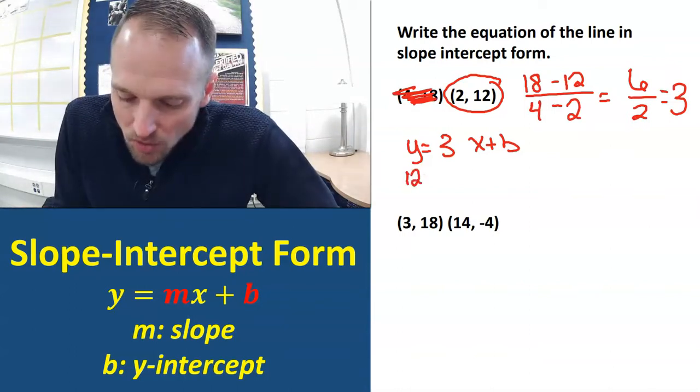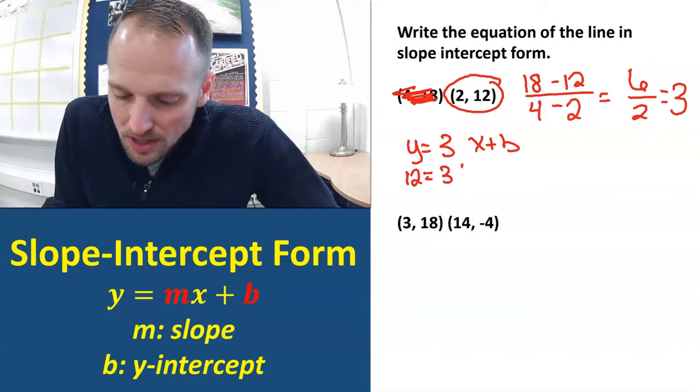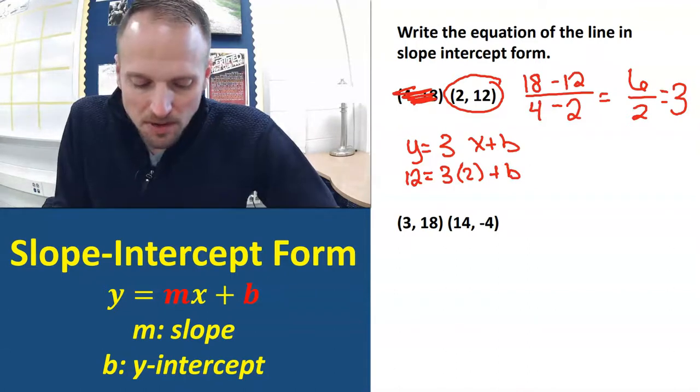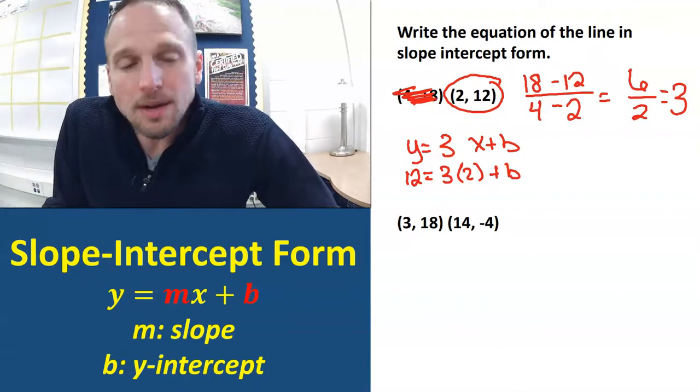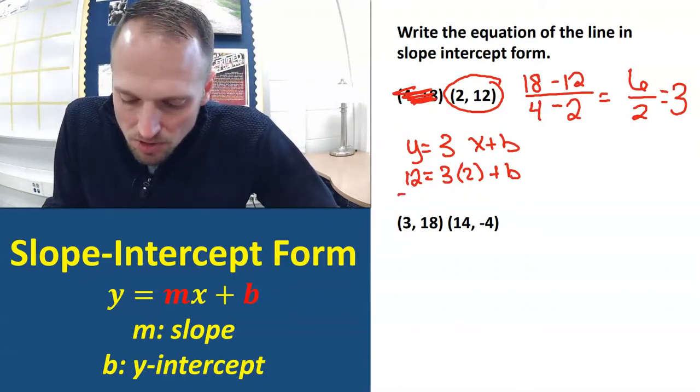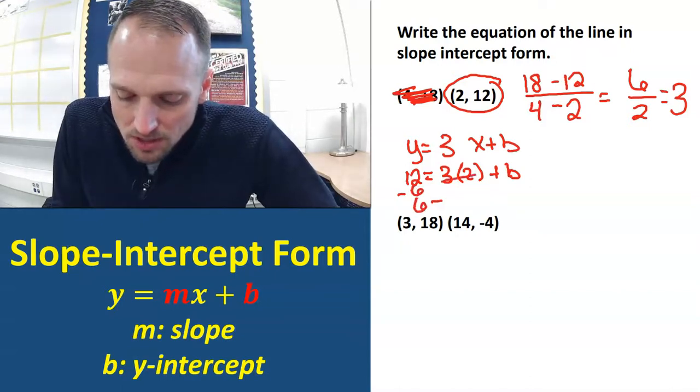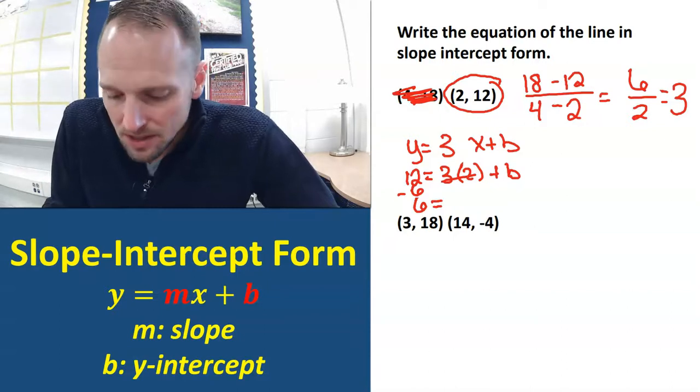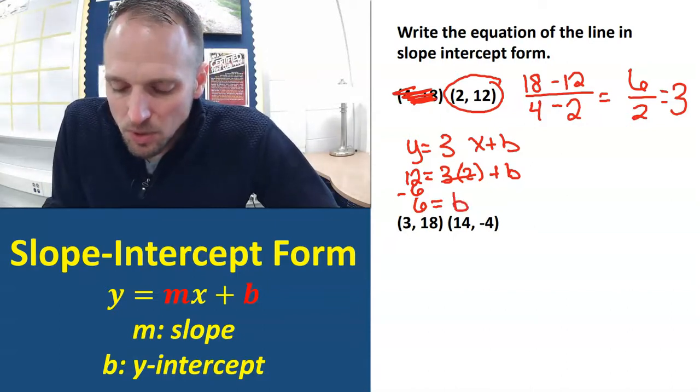So I've got 12 equals 3 times 2 plus b. 3 times 2 is 6. So I'm going to subtract the 6 over. And I'm going to get 12 minus 6 is 6, so 6 equals b.